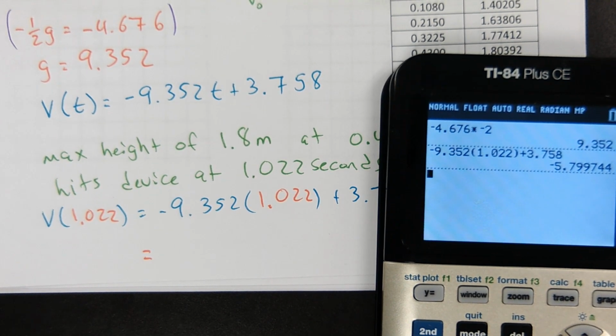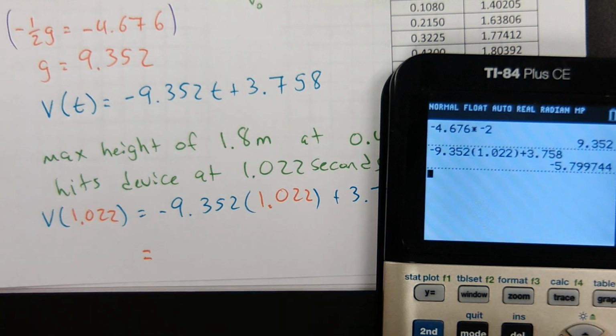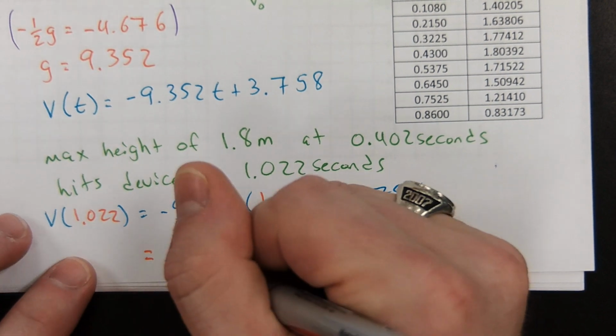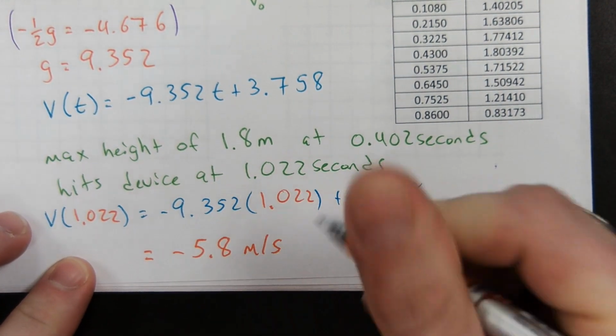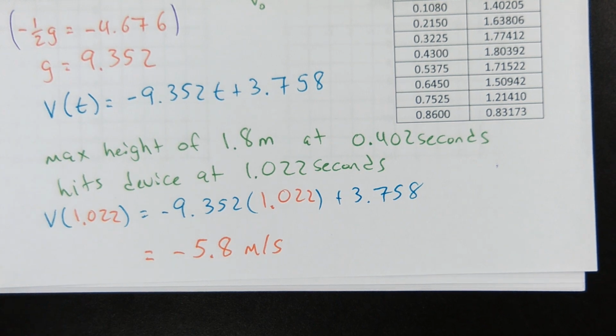So to 3 decimals, it actually ends up becoming negative 5.8. So 3 decimals actually rounds all the way up to a single decimal. Negative 5.8 meters per second. Remember your units. Negative 5.8 meters per second.